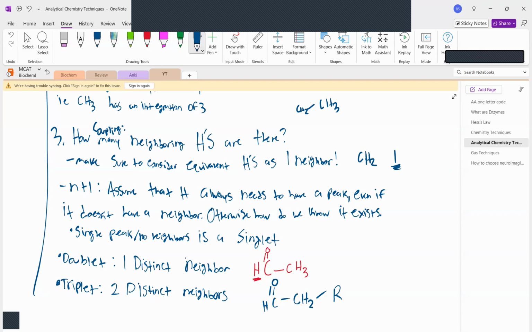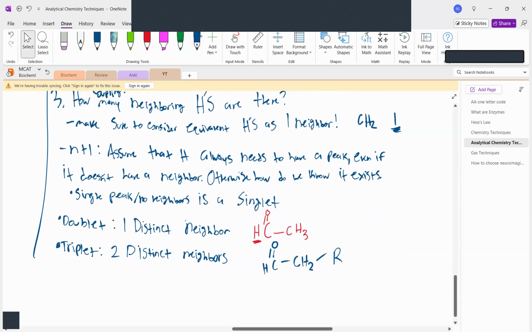Otherwise, if you're looking at a graph and see something at 8, for example, that's how you would know there's a peak there. You can't just tell by quick glance. That's not how that works.